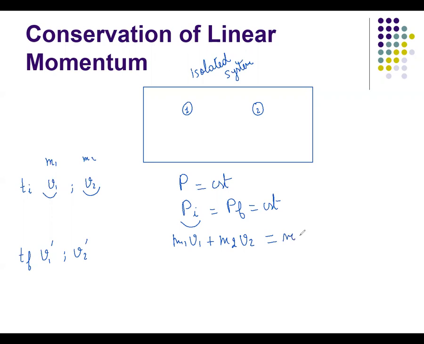So we have m1 v prime 1 plus m2 v prime 2 equals constant.